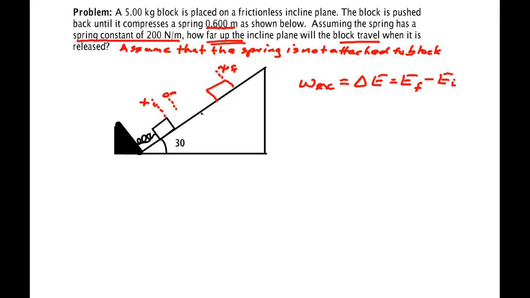In other words, at this point right here, there's some sort of platform, and you press it back, and when it gets to 0, it releases it, and the block goes by itself up the incline. You could, of course, drill and attach the spring, and then it would stretch the spring. That would be a different type of problem.